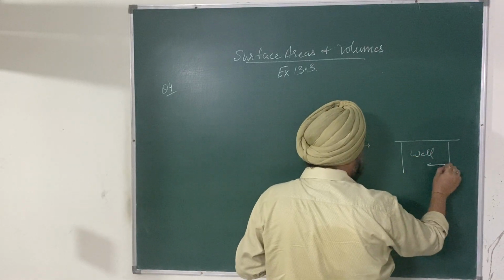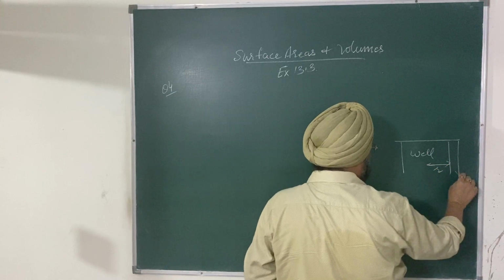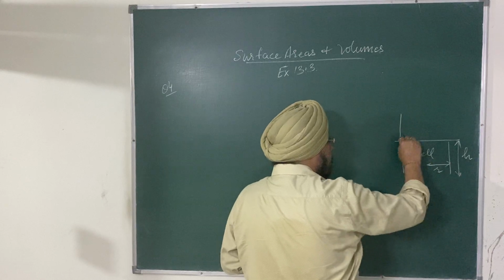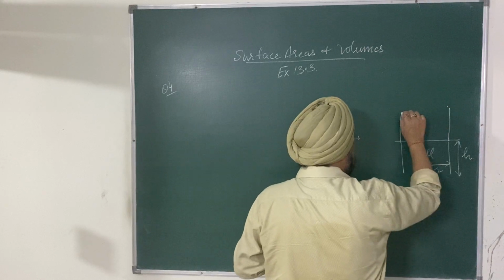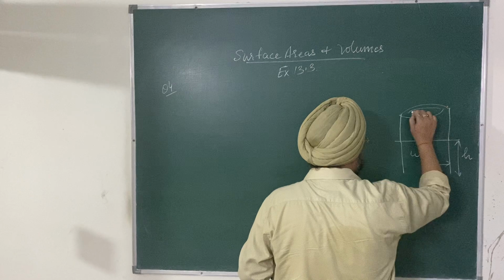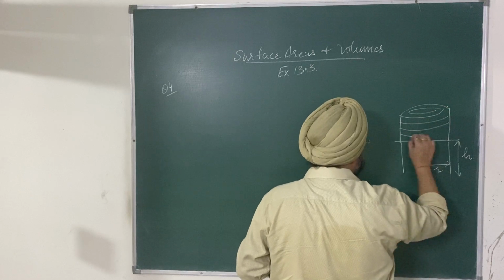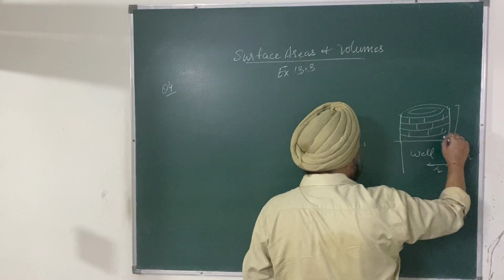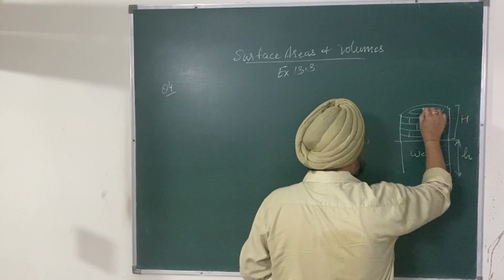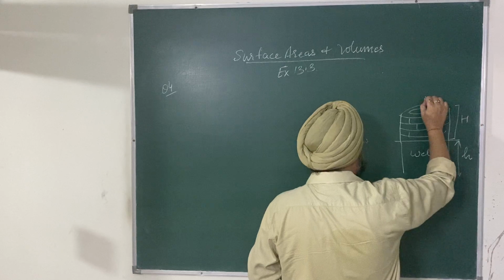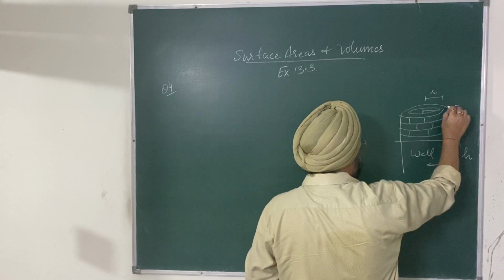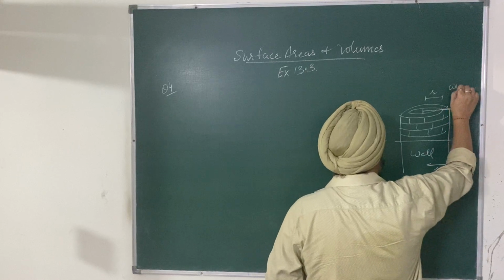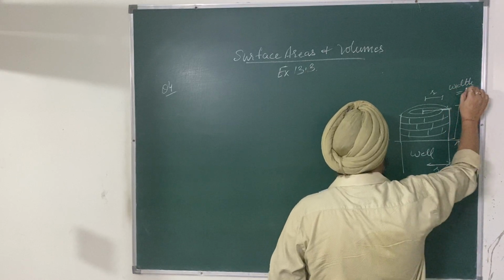whose internal radius will be equal to small r and whose depth is equal to small h. So let's take this embankment. Let the height of the embankment be capital H. Internal radius will be the same as we are having, small r, and the width of this embankment is given as 4 meter.